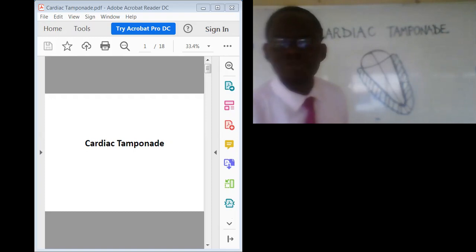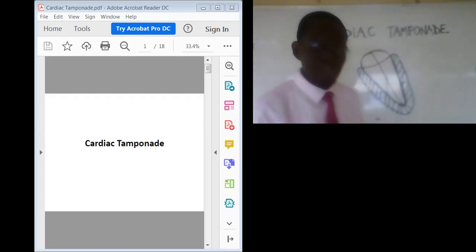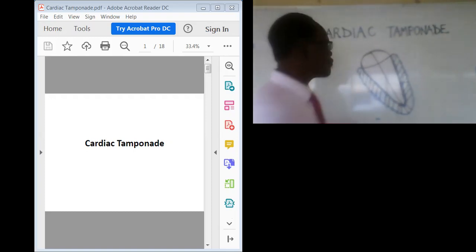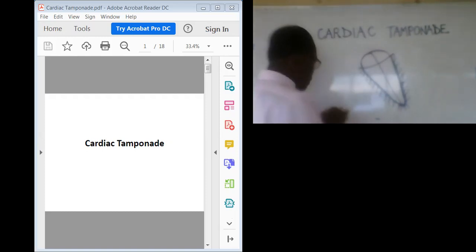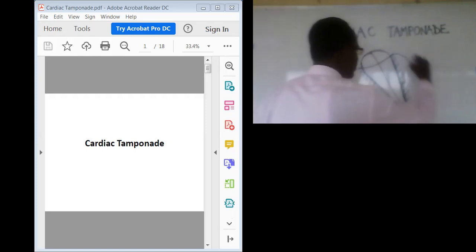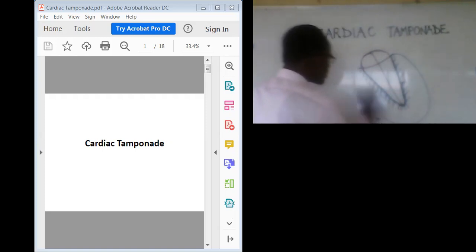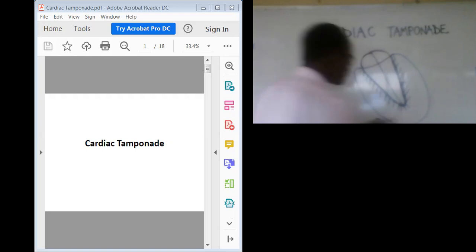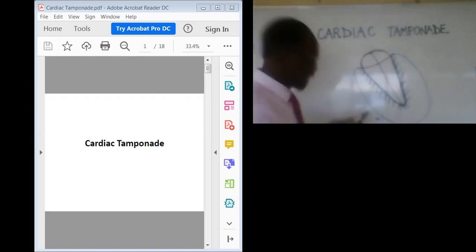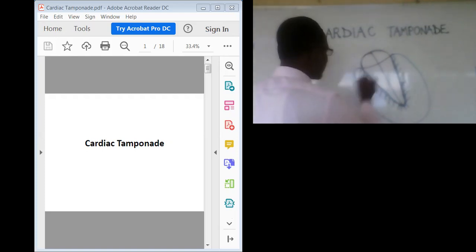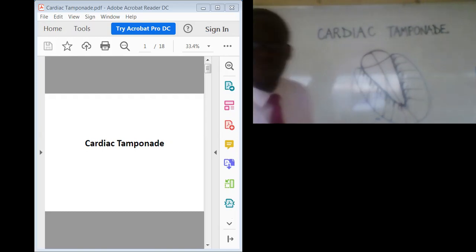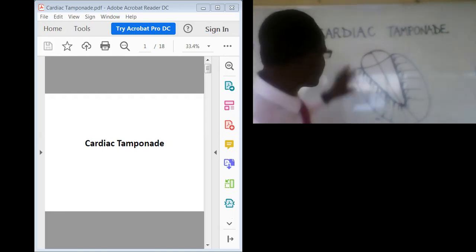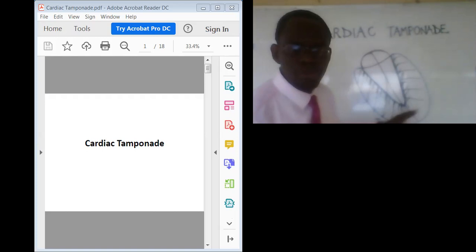In other words, you have too much fluid within the pericardial sac, and that condition is referred to as pericardial effusion.